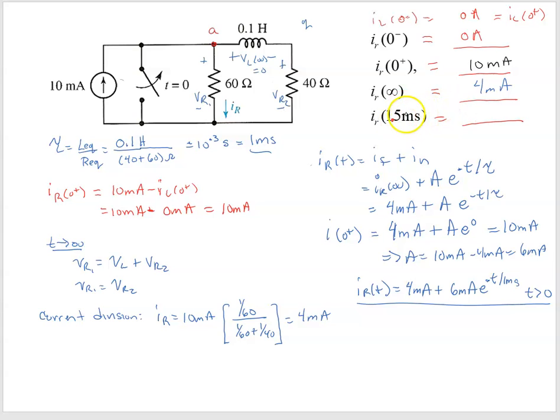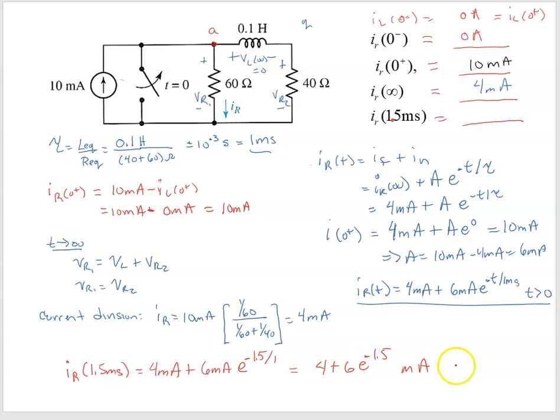We're asked to find IR. We changed it to 1.5 milliseconds. So our IR of 1.5 milliseconds is equal to 4 milliamp plus 6 milliamp times e to the negative 1.5 milliseconds over 1 millisecond. So that's going to be equal to 4 plus 6 e to the negative 1.5 milliamp.